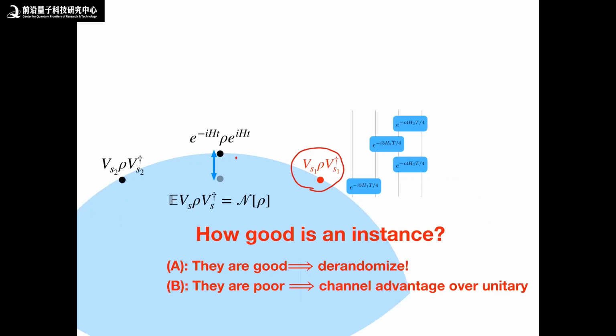On the other hand, it is also possible that these perform poorly and could be very far away. That would mean that we really gain something by using a channel. So both outcomes are of theoretical significance, and we're going to answer these two questions. Okay, let's move on.